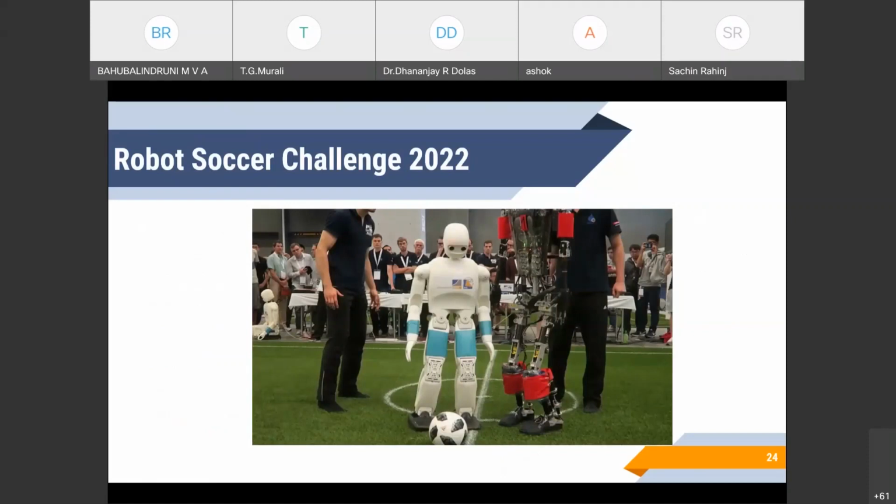Scientists are trying to replicate a humanoid robot with the highest degrees of freedom to play football. This is still in progress, as it is a very complicated task involving a lot of dynamics, control systems, and artificial intelligence.